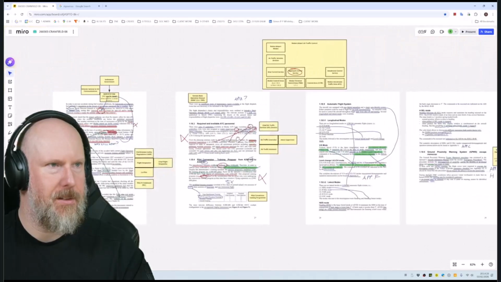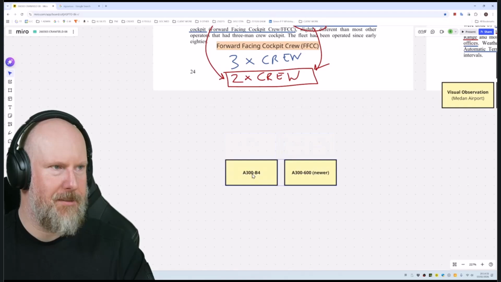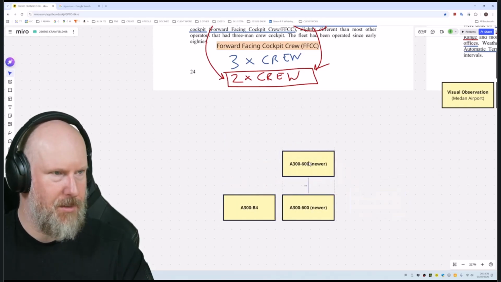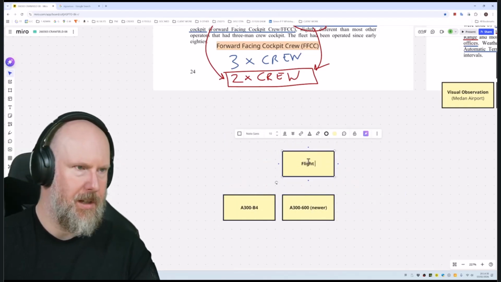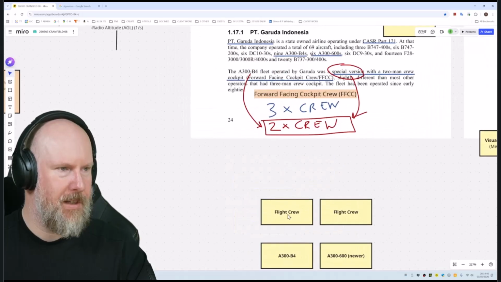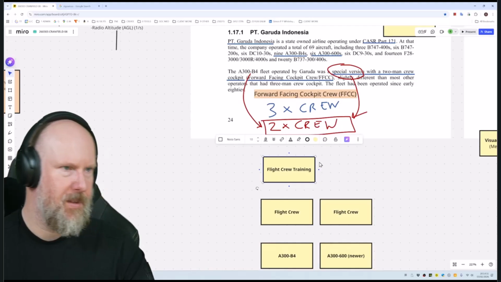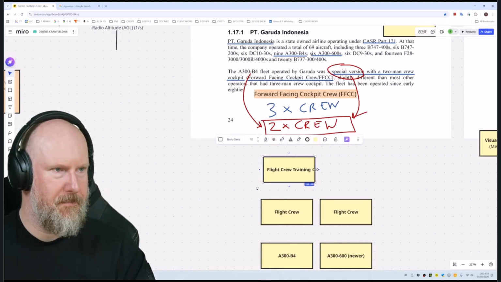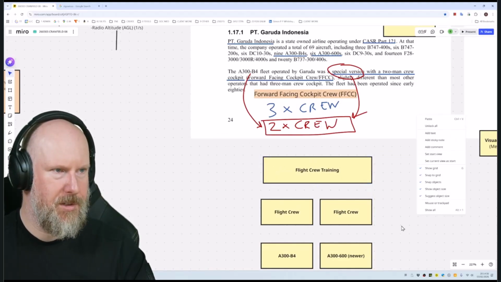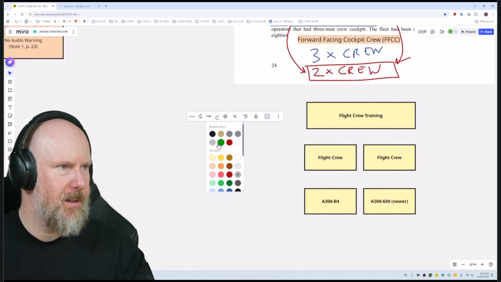I could have sworn I'd done this already. You're going to have a flight manual for 2 aircraft. You're going to have some training. So we've got some flight crew for these 2 aircraft. There we go. And we're going to have some flight crew training for these crew. And of course this training has to be specific for the particular aircraft that they're going to be operating. So there we go.